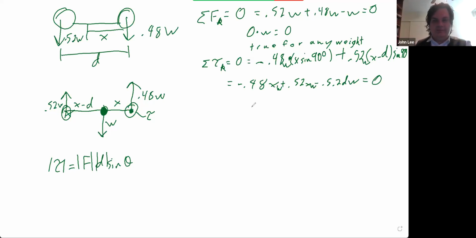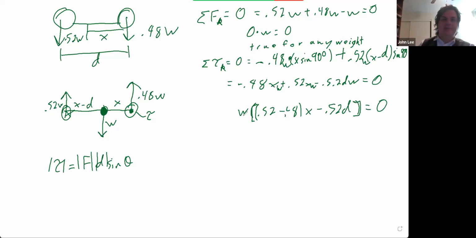And then this is weight times 0.52 minus 4.48 x minus 0.52 d is equal to 0.